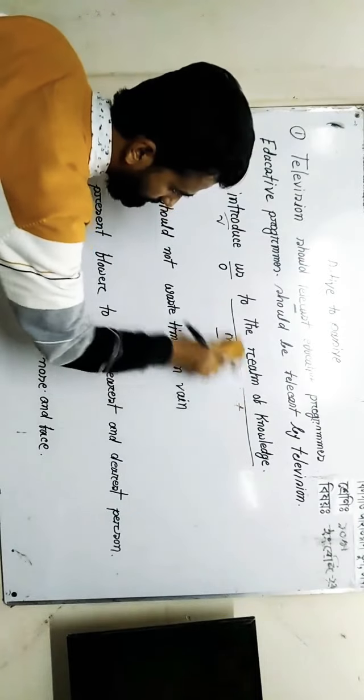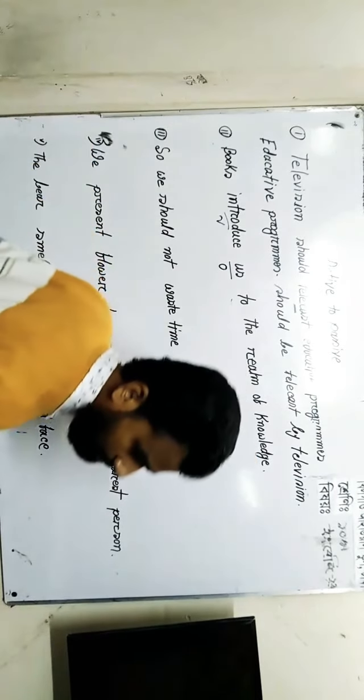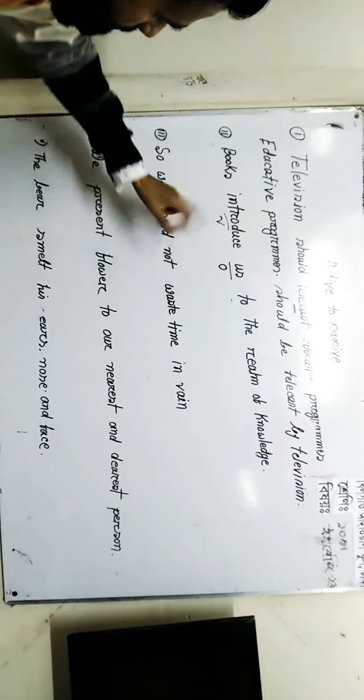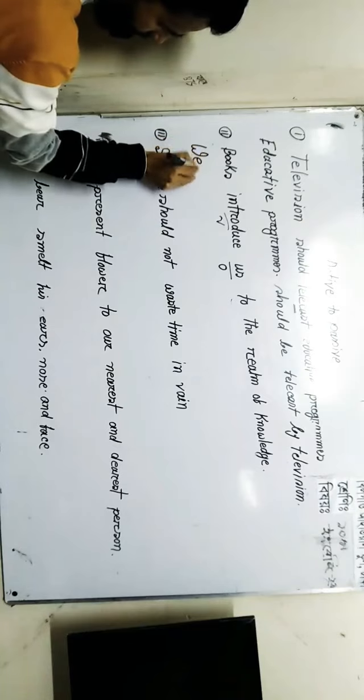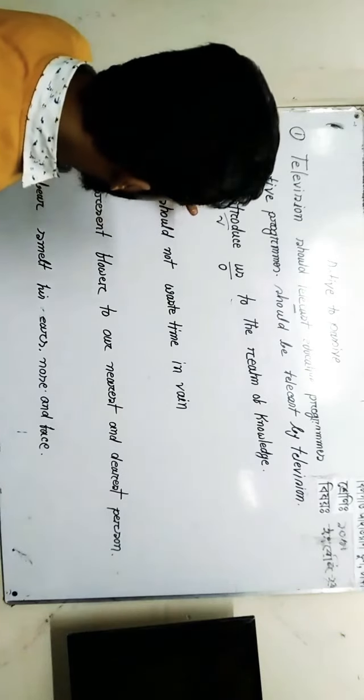First of all, you have to find out the object. Then you make the object into the subject. Us becomes subject we. Which tense is it?